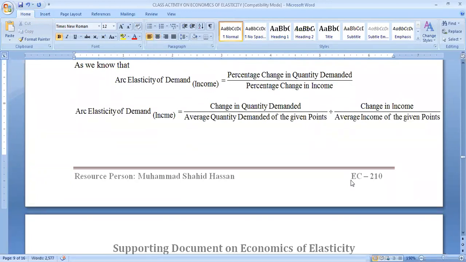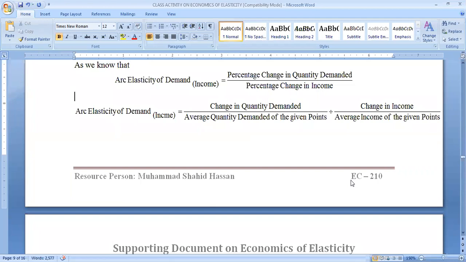The formula for arc elasticity of demand with respect to income equals percentage change in quantity demanded divided by percentage change in price. Earlier it was price, but after replacing price with income, the formula becomes percentage change in quantity demanded divided by percentage change in income, right?